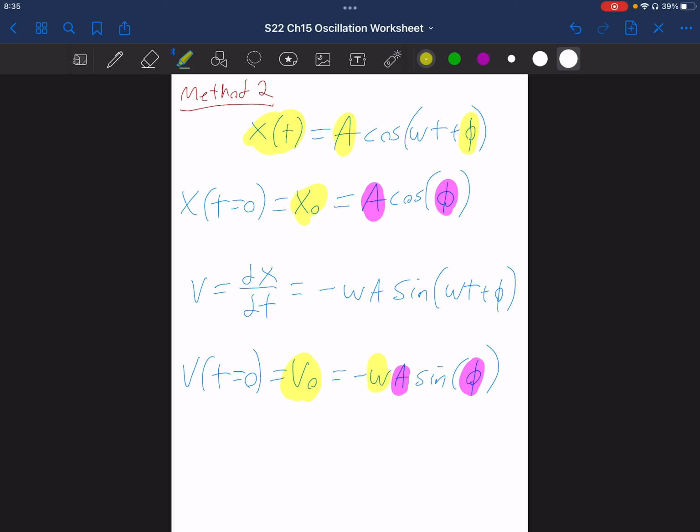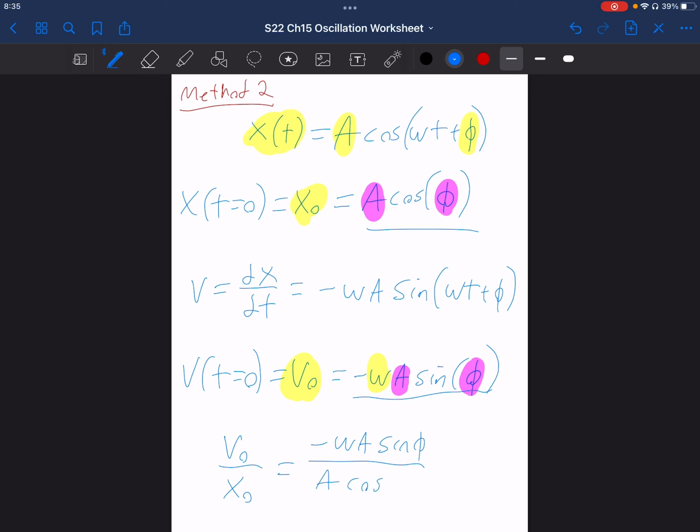And the easiest way to do this is actually to divide the two equations, right? And so let's see what happens when I do that. What I basically want to do is v naught divided by x naught, where v naught is equal to this, minus omega a sine of phi, divided by x naught, which is right there, equal to a cosine of phi.